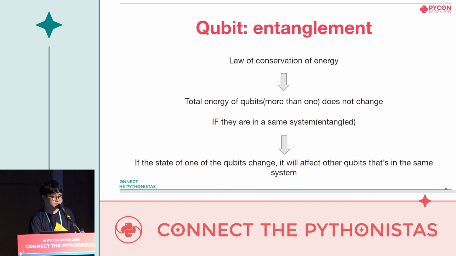This law in physics explains that the total energy of an isolated system remains the same. As the entangled qubits act like one system, this law of conservation of energy can be applied to the entangled qubits, which means if the energy of one of the entangled qubits changes, it will affect other qubits that are entangled with that qubit.